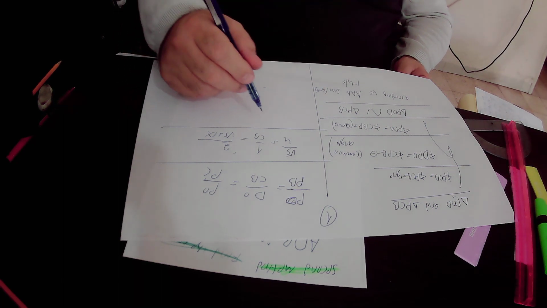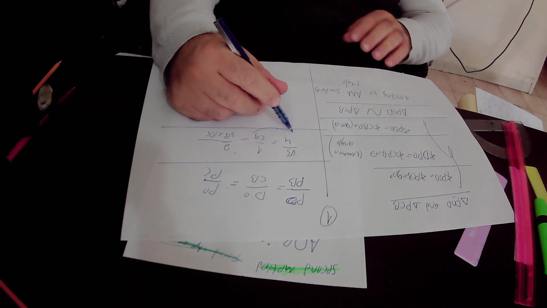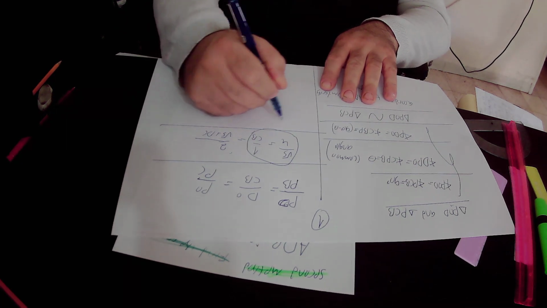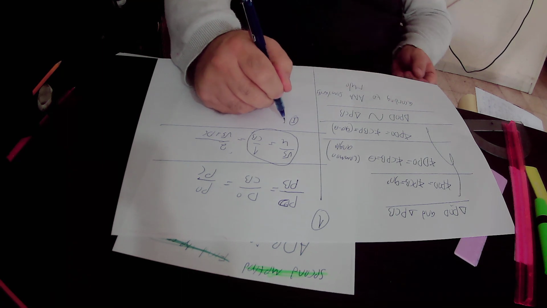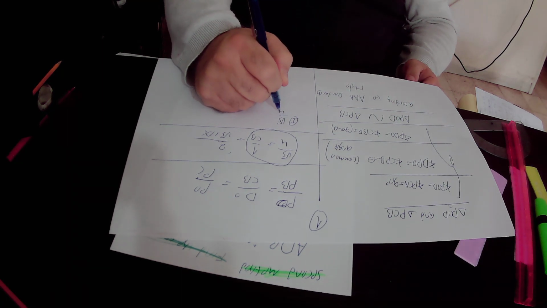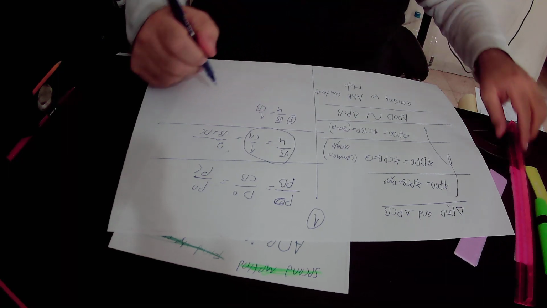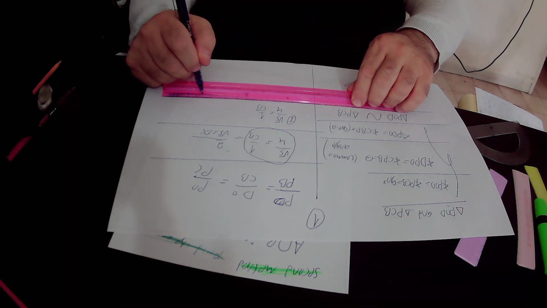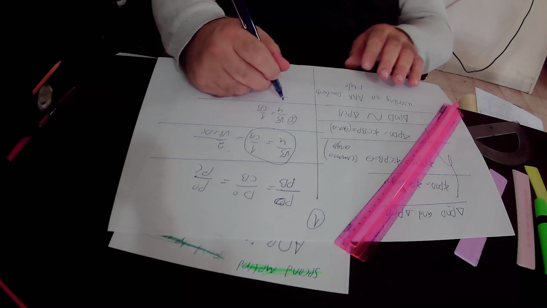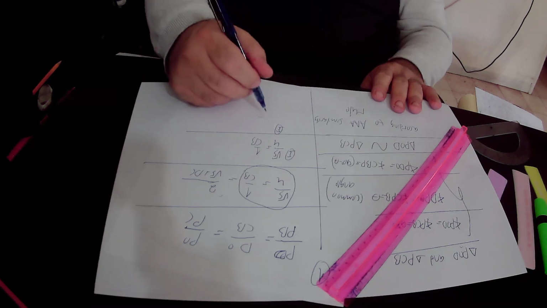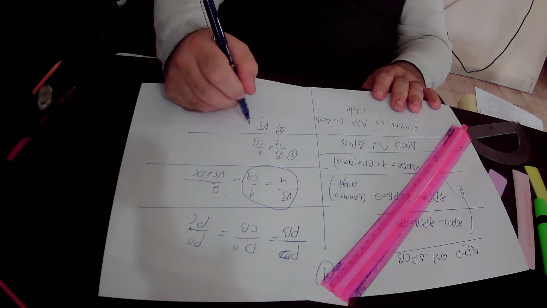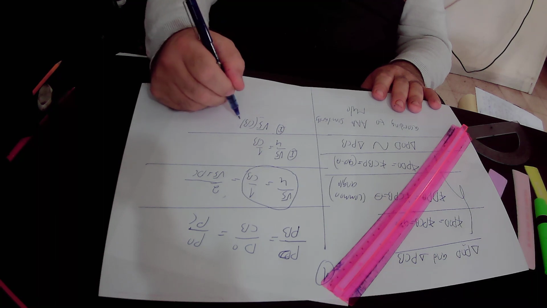We will derive the first equation from this long equation, that square root of 5 over 4 equals 1 over CB. Here we cross multiply this equation number 1, and we get that square root of 5 times CB equals 4.